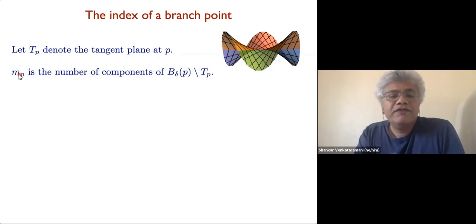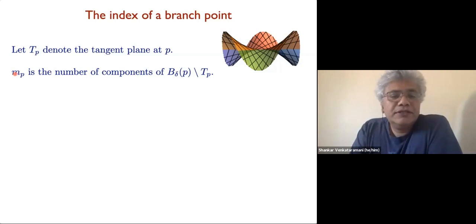And you can define a number M_P to be the number of components of taking a small ball about this point P in your surface and taking out T_P from that. That's going to disconnect the surface. If you have a C2 surface like the one on the previous page, you will get 4 components, but here you will get 6. So that defines a number M_P.